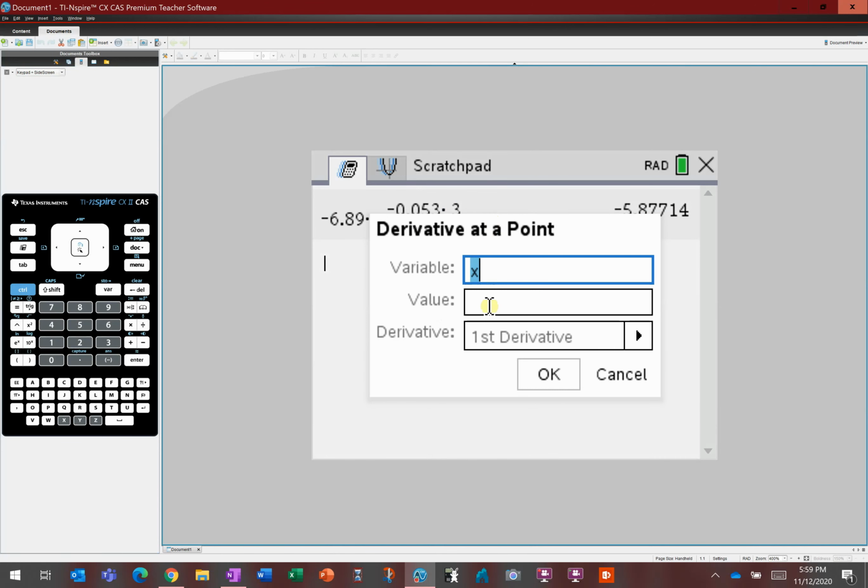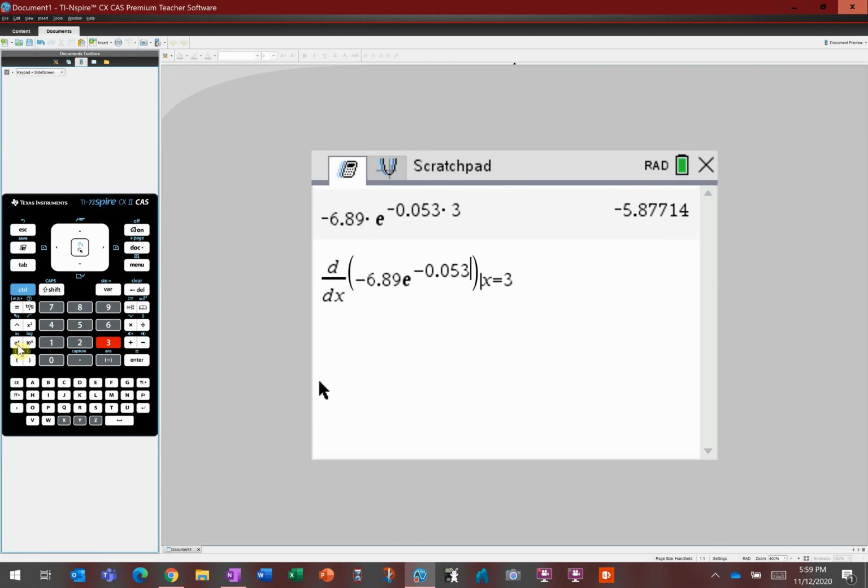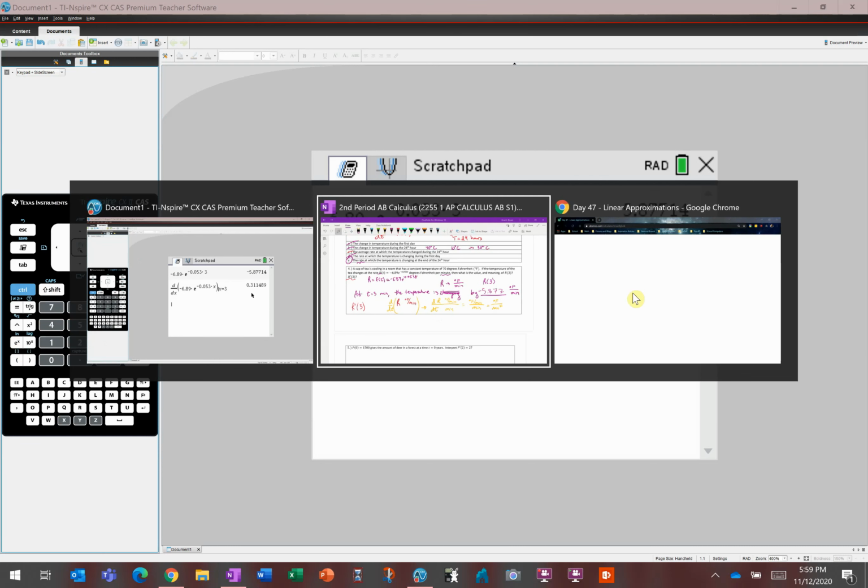Okay, derivative at a point, variable x is fine. What value are we plugging in? 3. What's my equation? Negative 6.89 e to the power of negative 0.053 times x, and not t here, because I picked the variable x. You could have picked t and then just used t all the way through, but this looks fine to me, and we figured out 0.311.